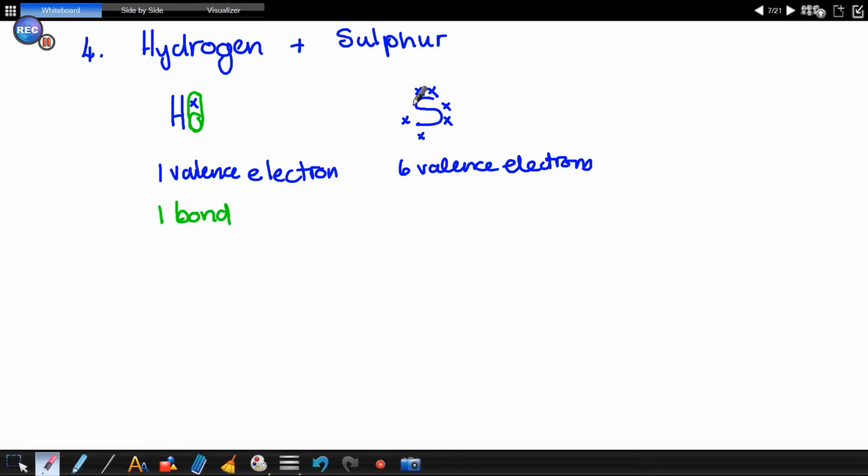How many bonds can a sulfur form? There, a bond can form there, and a bond can form here. So the sulfur can form 2 bonds. How many hydrogens do I need to join up to the sulfur? 2. So we need 2 hydrogens.